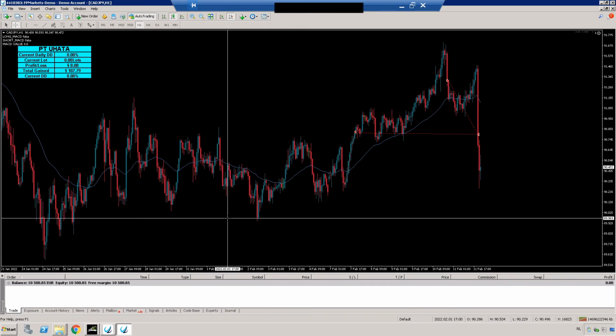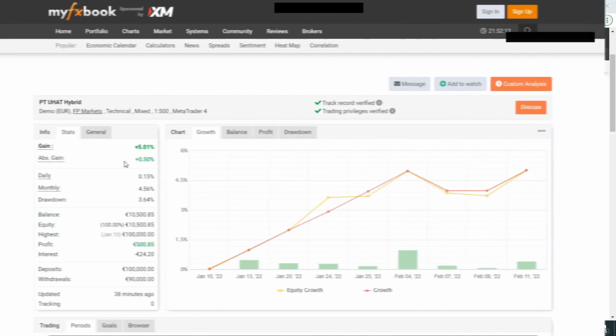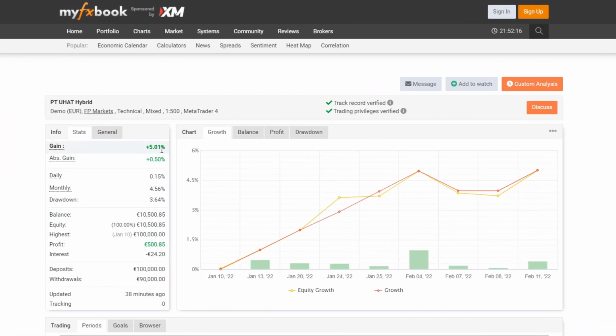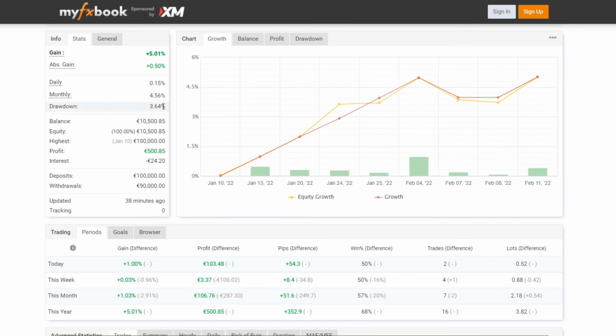Let me quickly show you the analytics. Over here, as you can see, 5%, we're back to 5%. Maximum drawdown was 3.6%. Over here, as you can see, a nice curve. So yeah, there was a stupid mistake, but eventually we're at the same level.